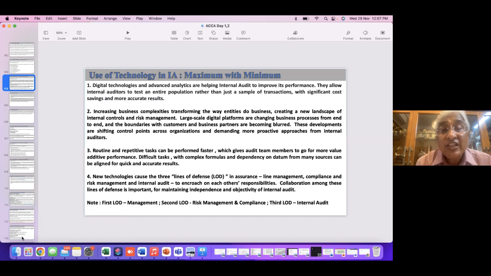So digital technologies and advanced analytics are helping internal audit to improve performance, because now even Excel or softwares like audit command language, IDEA, this type of software helps in huge data collection and analyzing the data with the purpose of the audit and to fulfill the audit objective. Other than that, it is very difficult. The other day in the classroom we discussed sampling.